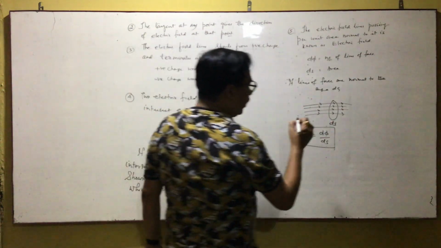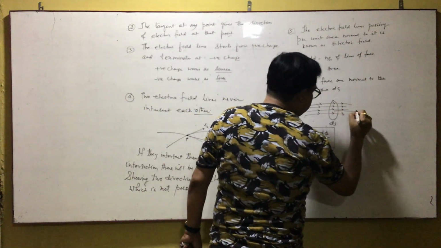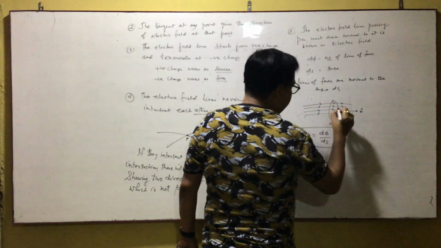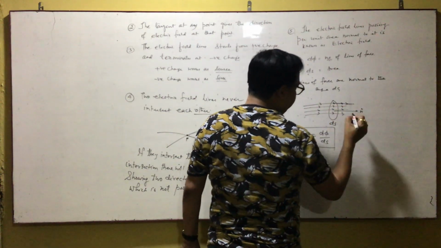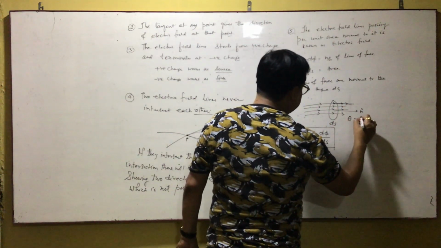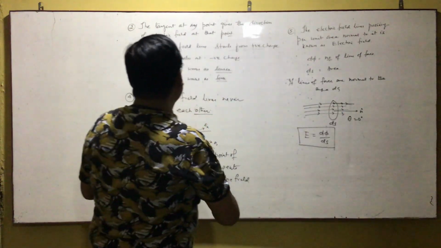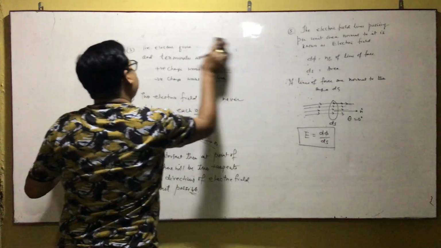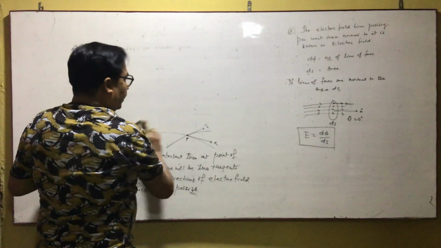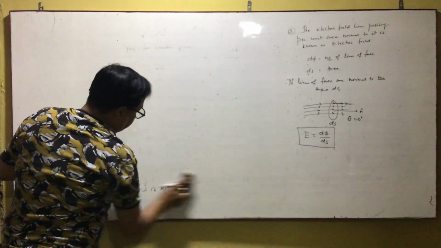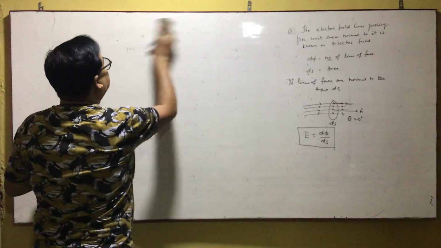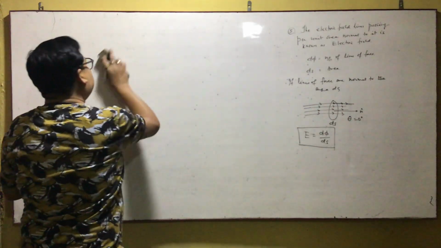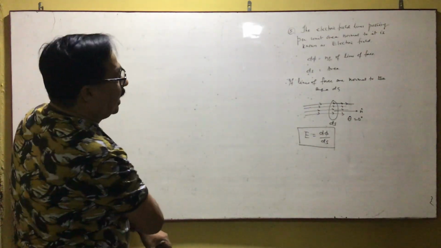So for this particular case, normal to this surface n and the direction of lines of force, the angle is 0 degree. And suppose we have a condition when normal to the area is not along the lines of force.